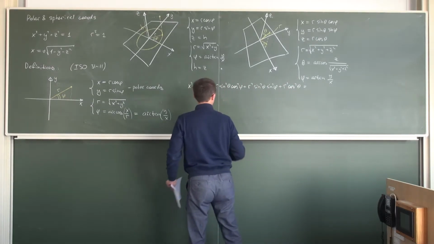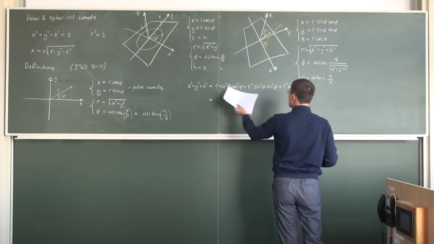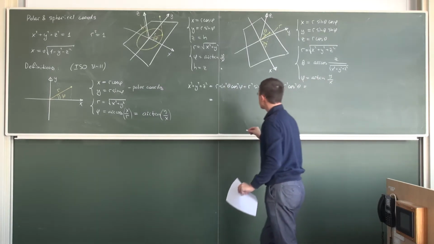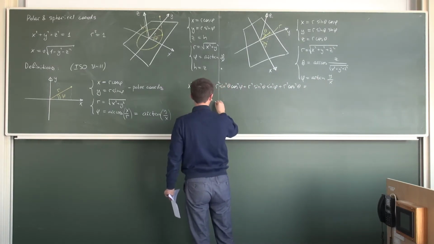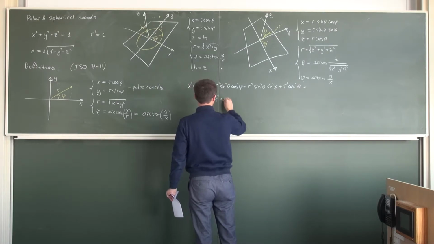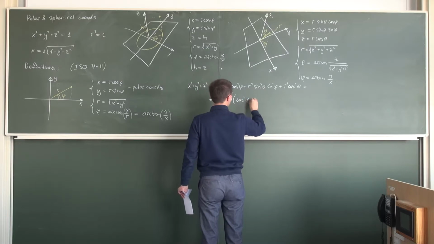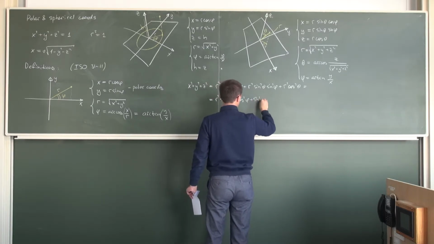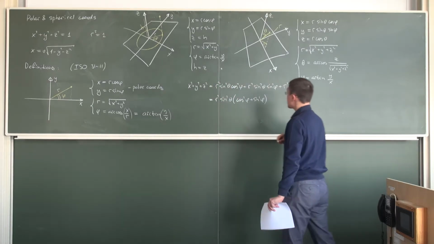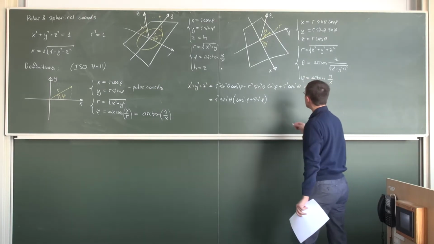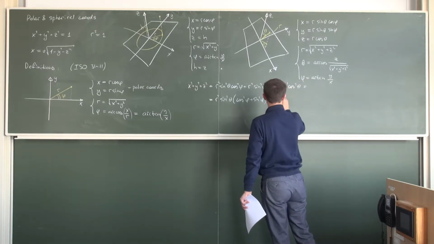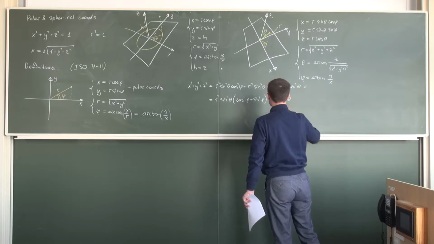So here, let us take r squared sine squared theta out of the brackets. Then cosine squared phi plus sine squared phi materializes in the bracket, and that is of course equal to 1, plus r squared cosine squared theta.